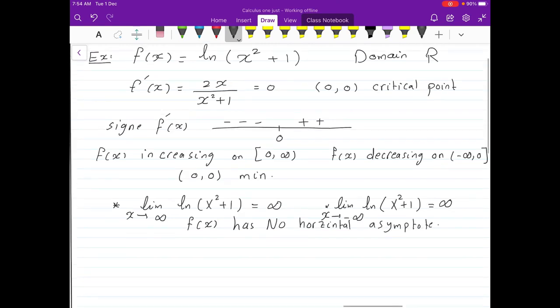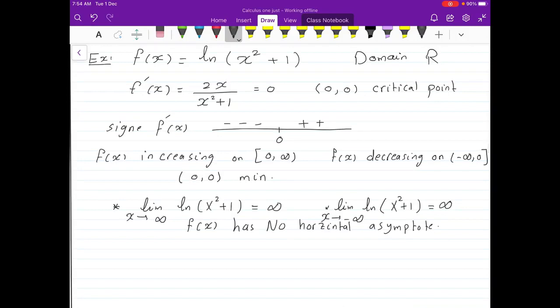Now we want to find f double prime of x. This is f prime. For f double prime, the denominator times the derivative of 2x, which is 2, minus 2x times 2x, divided by x squared plus 1 squared.